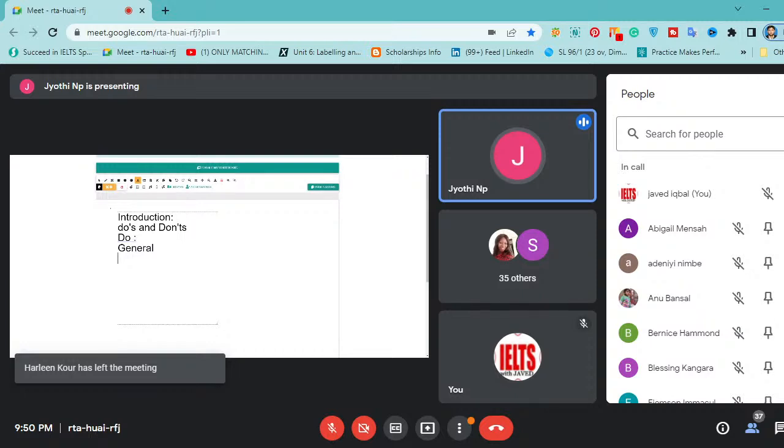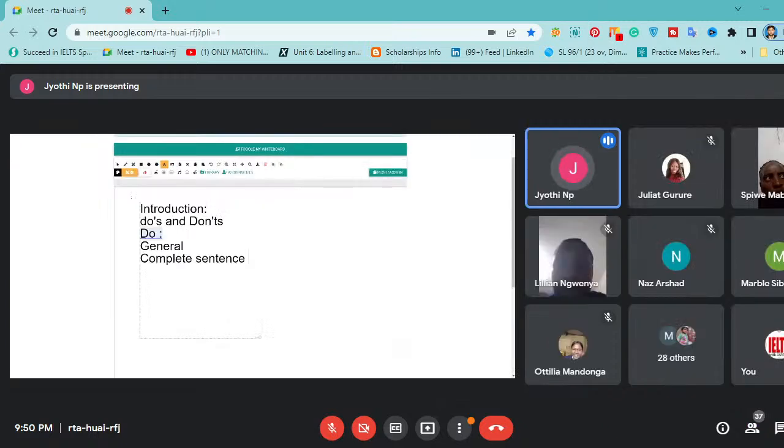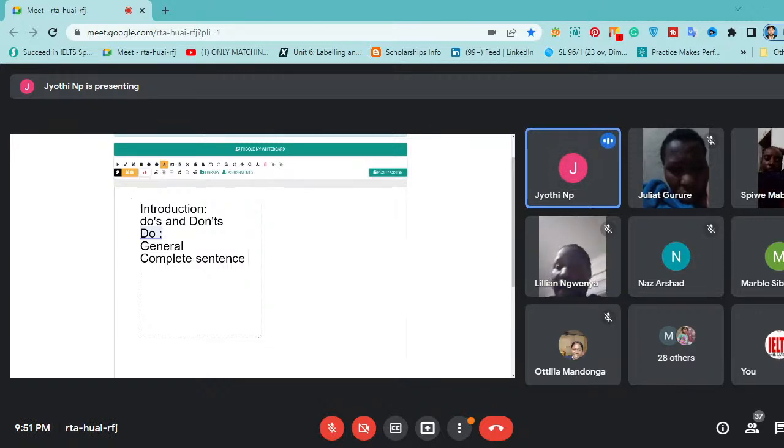Complete sentence means that when you're writing something, see that the sentence is completed. Don't leave it in between. Say for example you're talking about technology: "In the present generation, people have to run a rat race to keep up with the competitive world." Here we have completed the sentence.